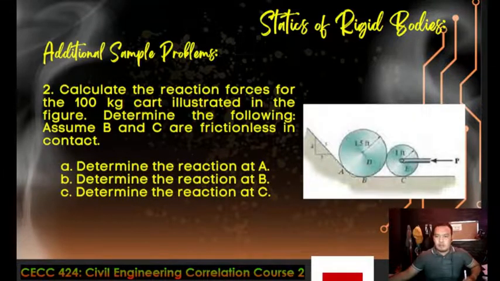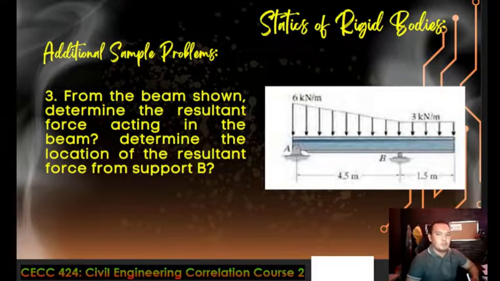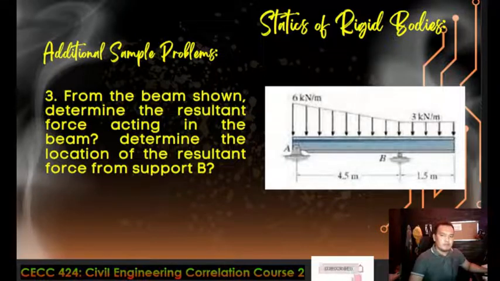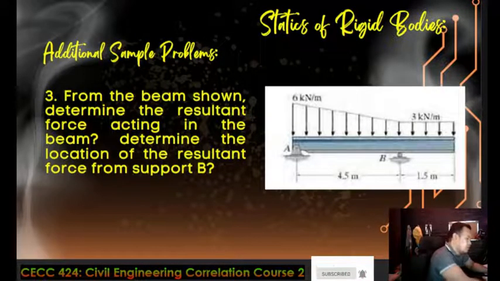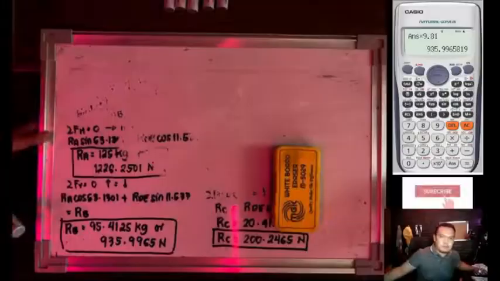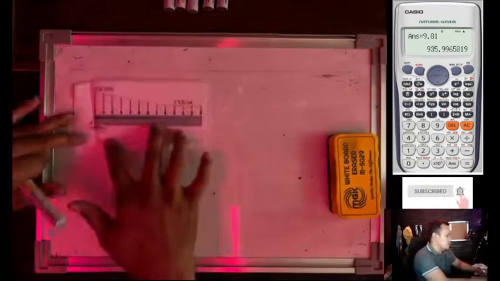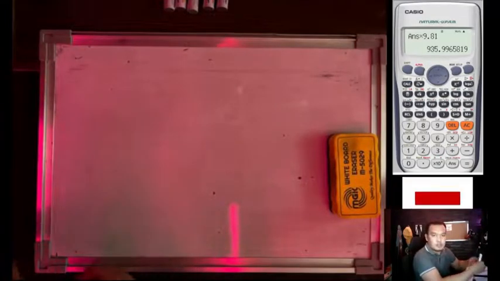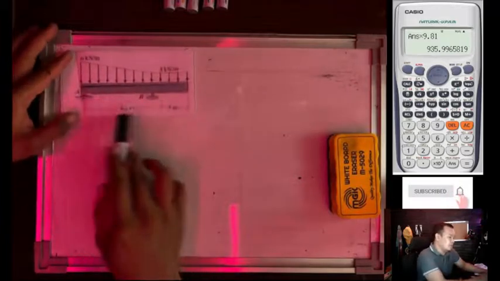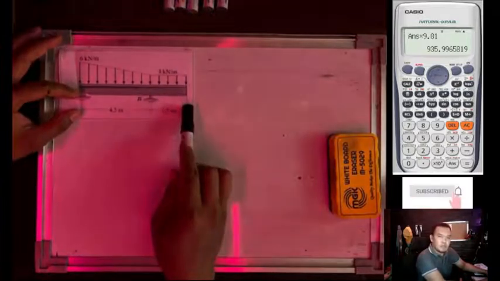Next problem: from the beam shown, determine the resultant force acting on the beam. Determine the location of the resultant force from support B. Okay? So I'll recreate the figure from earlier. We have beam AB which is 4.5 meters in length, A to B. Then we have a cantilever of 1.5 meters.